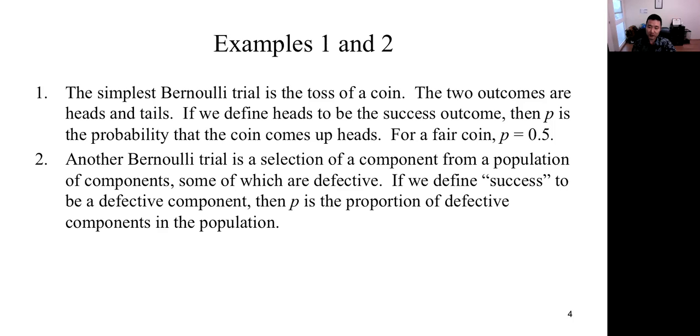So p is the proportion of defective components in the population. Here are two examples of a Bernoulli trial, a Bernoulli experiment. The only parameter is the p value, which could be 0.5 in the case of tossing a coin, or anywhere between 0 and 1.